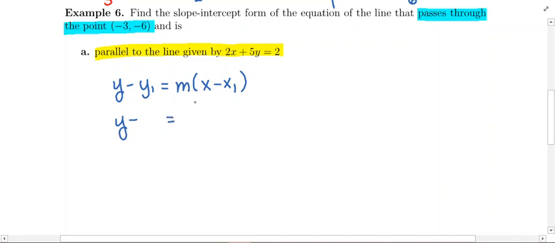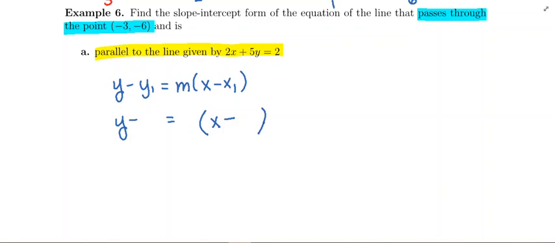Then we plug in the slope in parentheses. x stays x, the minus comes with it, and then we plug in for x1 and close the parentheses.